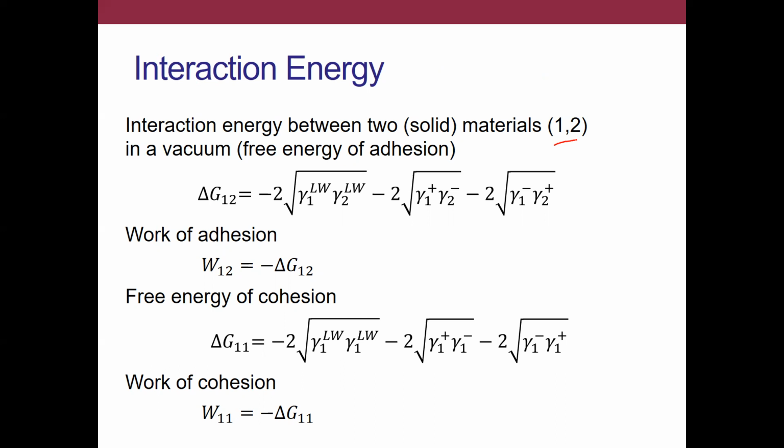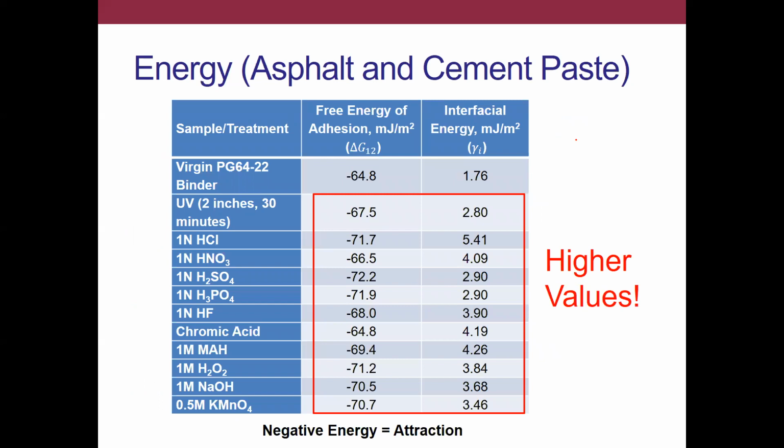So when we go through and do this, and I didn't show the equation for interfacial energy, but you can look it up in the publication. The interfacial energy is calculated similarly from these different surface energy values. When we calculate that energy, we find that yes, indeed, as we oxidize the asphalt, we do increase that work of adhesion, right? So what would essentially be the chemical bond at that interface.